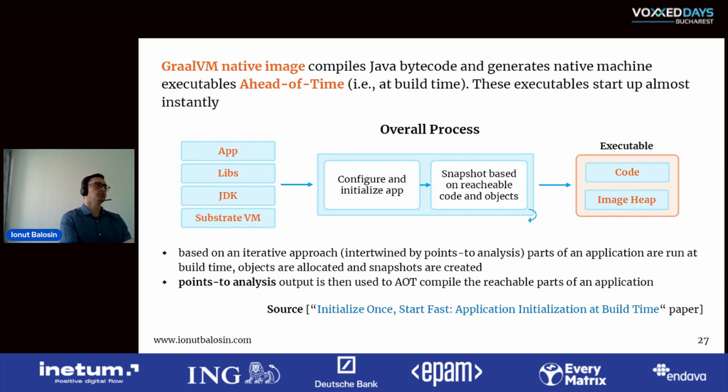Then when you start to build with native, with GraalVM native image, there is an iterative approach where parts of the application are started and of course objects are allocated. There is a points-to analysis, which basically analyzes all the reachable methods until it reaches a fixed point.